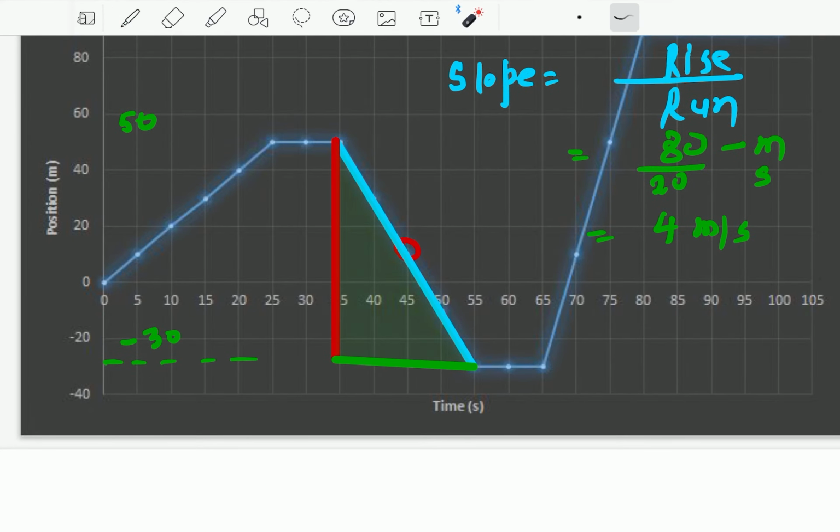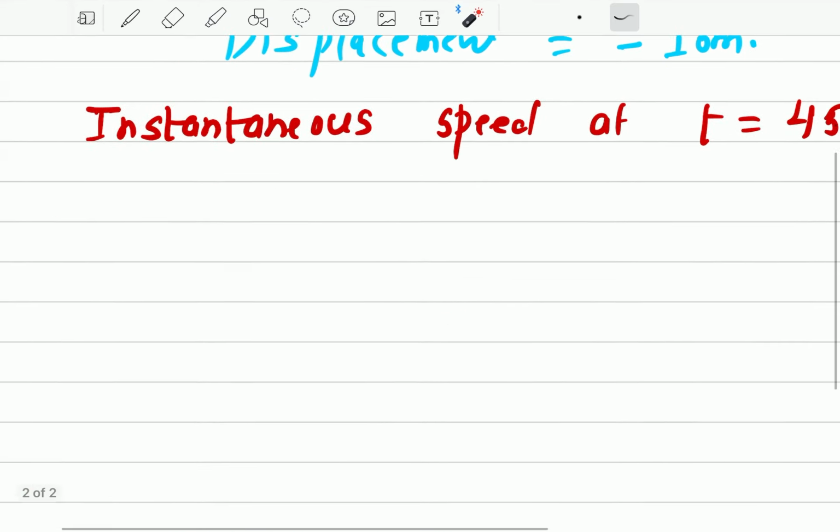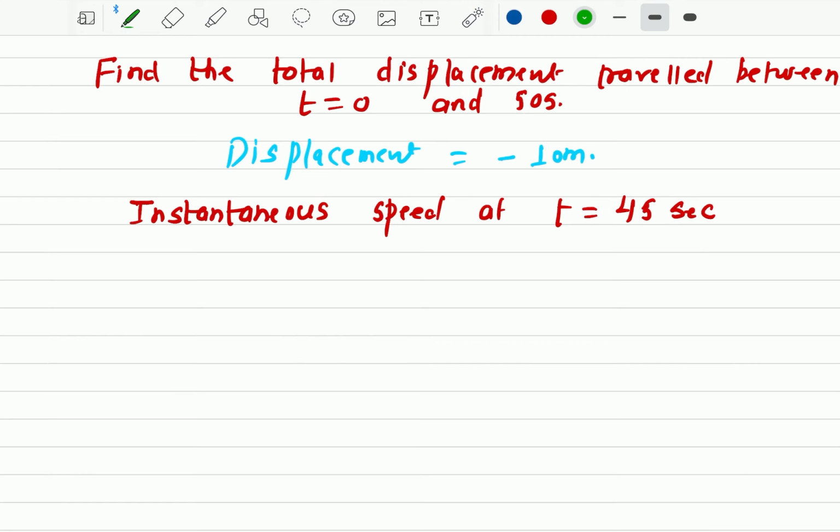One more thing: at any point in between here, the speed would be exactly the same, because it had the same slope at any point, or the object was moving with a uniform speed. Okay, so we got this part too. The instantaneous speed at that point is 4 meters per second.